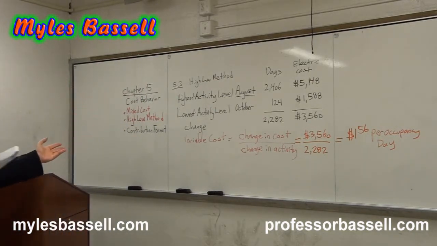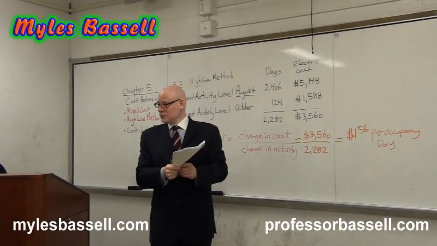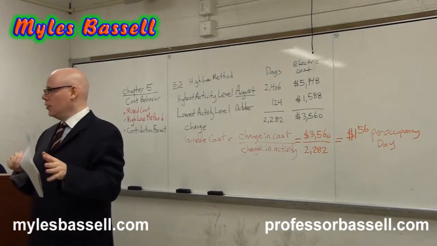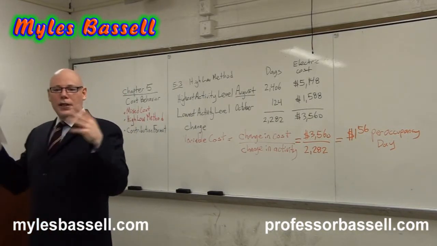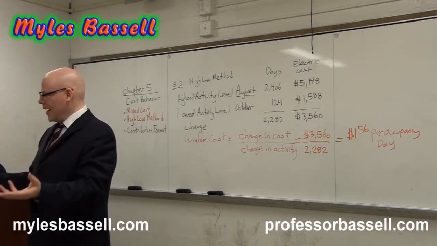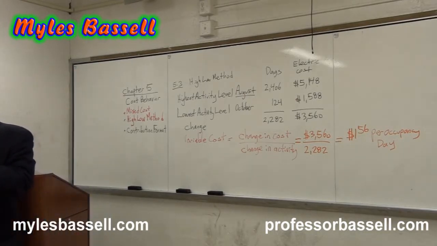Or what if it's 80 days? That's why we keep going back down to the unit level, because we want to be able, as managers, to do some analysis. We're going to have to do some forecasting. Remember, we're talking about using this data to make decisions about the future so that we could plan.